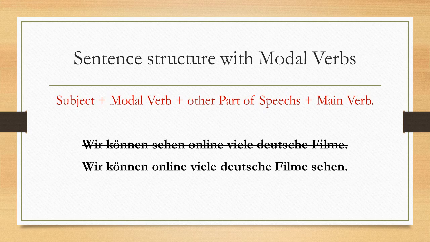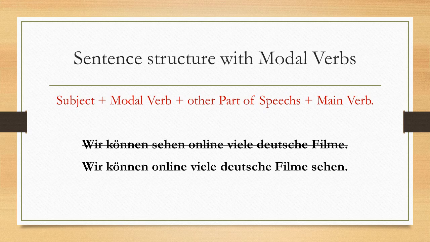Sentence structure with modal verbs. This is the most important part, and I did explain this in previous slides. Subject, and then what changed according to subject is our modal verb, because as we mentioned before, the modal verb has taken the role of main verb here, and then we have other parts of speech, and then in the end we have to locate our main verb at the end of our sentence.